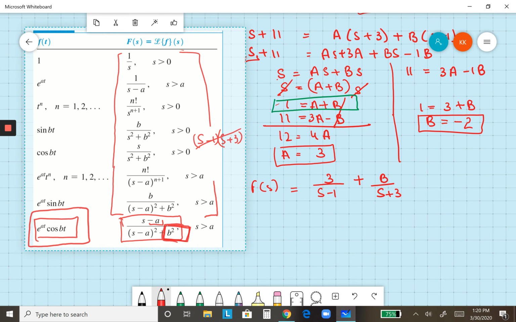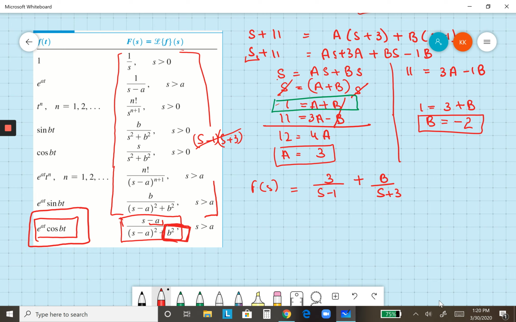So using the property that we learned about Laplace, the linearity, we can distribute the Laplace. So it will be 3 over s minus 1 plus, sorry, the inverse of Laplace, since we're doing the inverse of Laplace. And our B was -2, so we can replace the B with -2. So -2 over s plus 3.